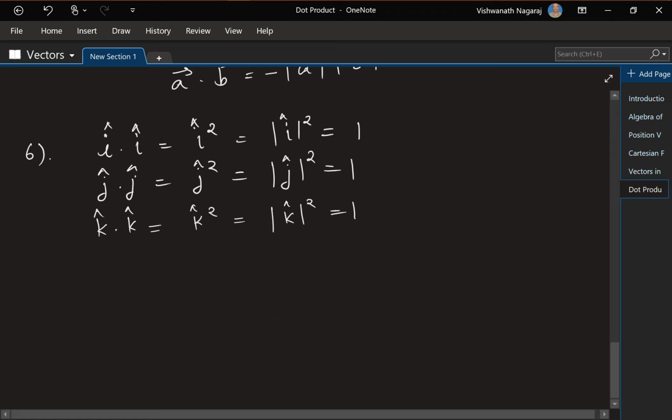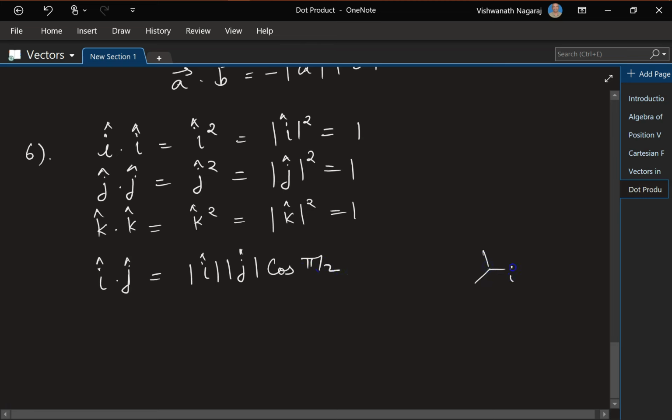What about the dot product of I, J, and K? So I cap dot J cap would be magnitude of I, magnitude of J, cos pi by 2.